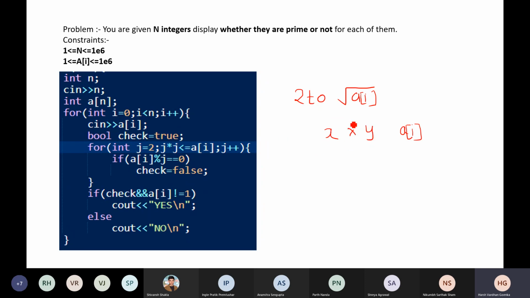Assume x is less than or equal to root ai. Then y comes out to be ai by x, so y is greater than or equal to root ai. So for every factor of ai which is greater than square root ai, there also exists a complementary factor which is less than or equal to square root ai.